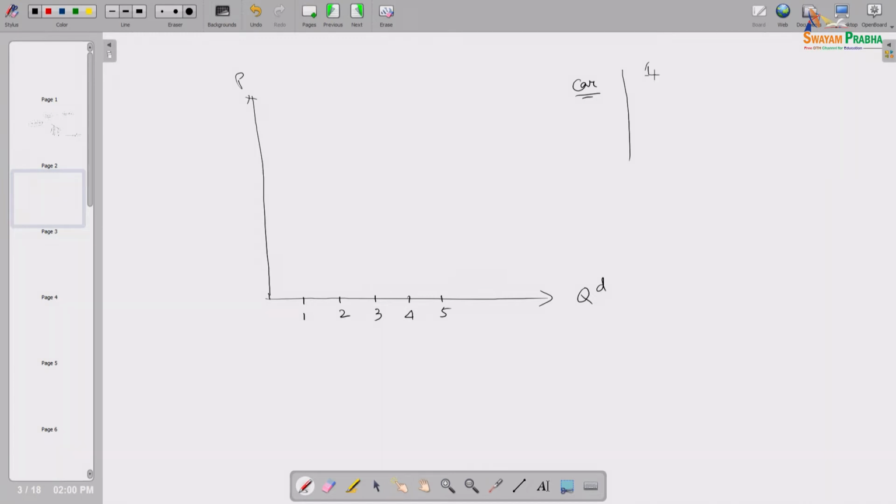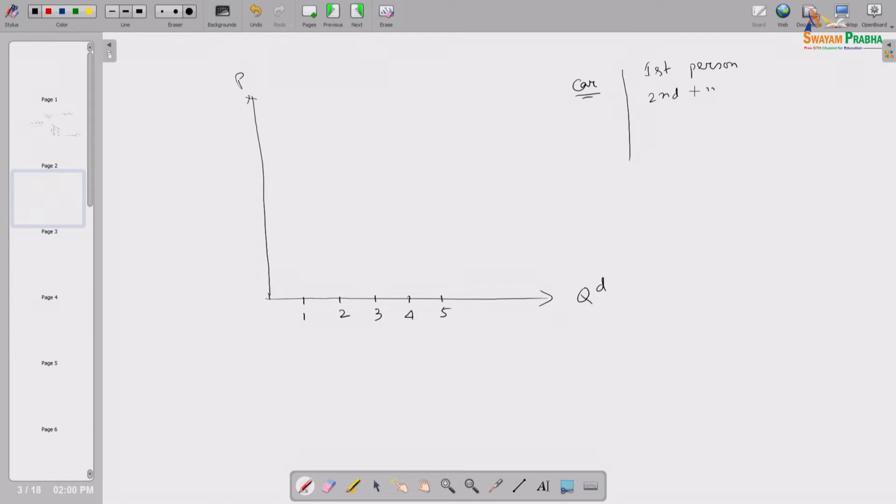The person with the highest maximum willingness to pay for that car I call the first person. The person with the second highest maximum willingness to pay for that same car I call the second person, and so on. We are labeling the persons in that way.